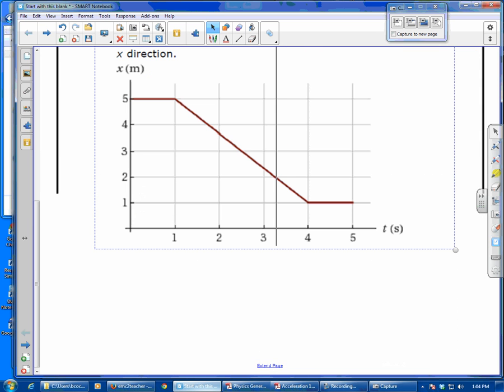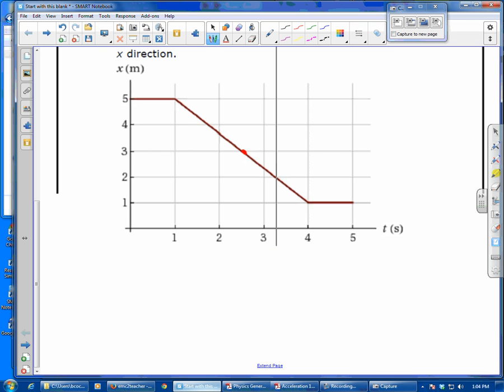So, first part says, what is the speed, the magnitude of velocity, of the object at 2.5 seconds? So at 2.5 seconds, I'm looking at this point right here on the graph. That's where I'm showing it up here, but you should be doing this on a separate piece of paper, not right on here.